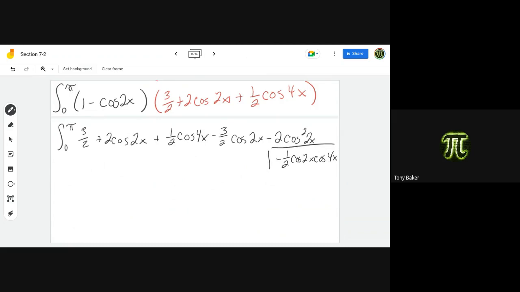Literally all except for that piece right there. We can do all the rest of the stuff. Those integrals are easy. That's not.